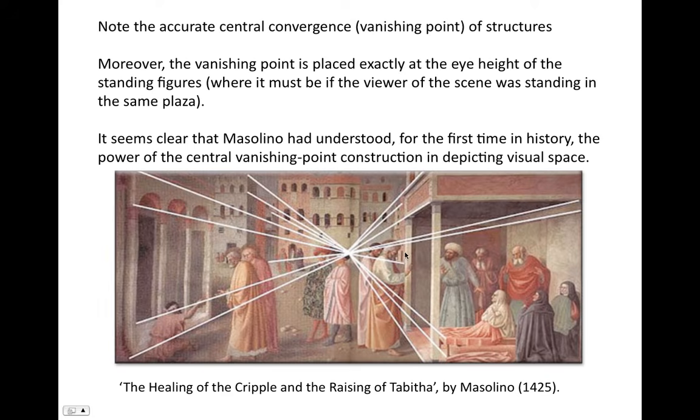This is important because a big part of linear perspective is that the horizon line represents the eye level of either the people that are in the composition and sometimes the viewer as well. So this idea that the horizon line, even though we don't see a physical line being drawn in there, because there's of course buildings blocking where the horizon line would be, we see that the vanishing point is on the horizon line and that the horizon line is in fact in line with the eyesight of the people, the standing figures.